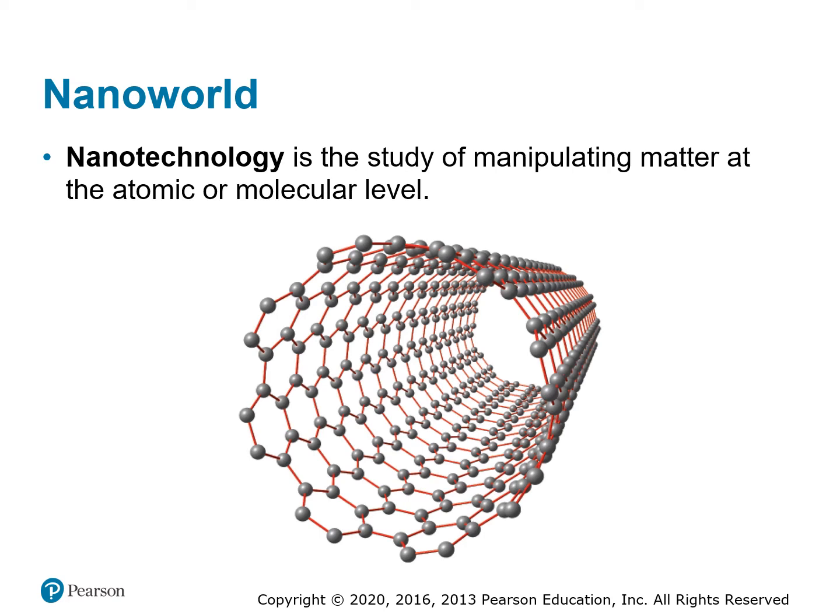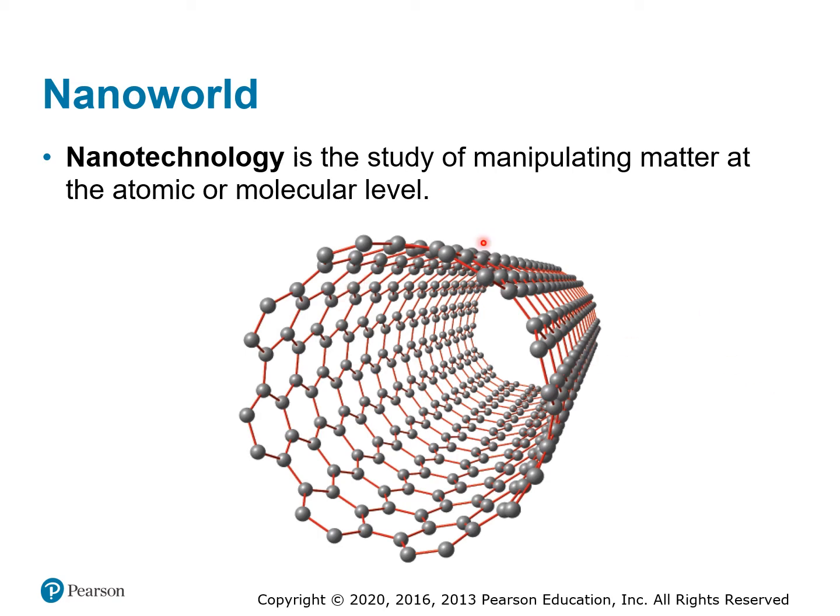So nanotechnology is a field of science where you study how to manipulate matter at such a small scale of 10 to the -9, which is equivalent to the atomic or molecular level scale.